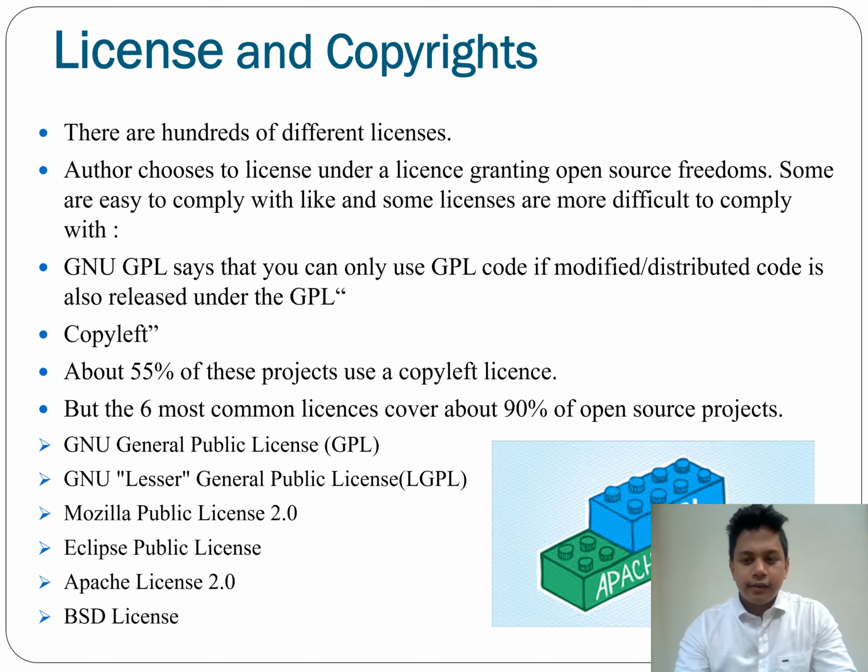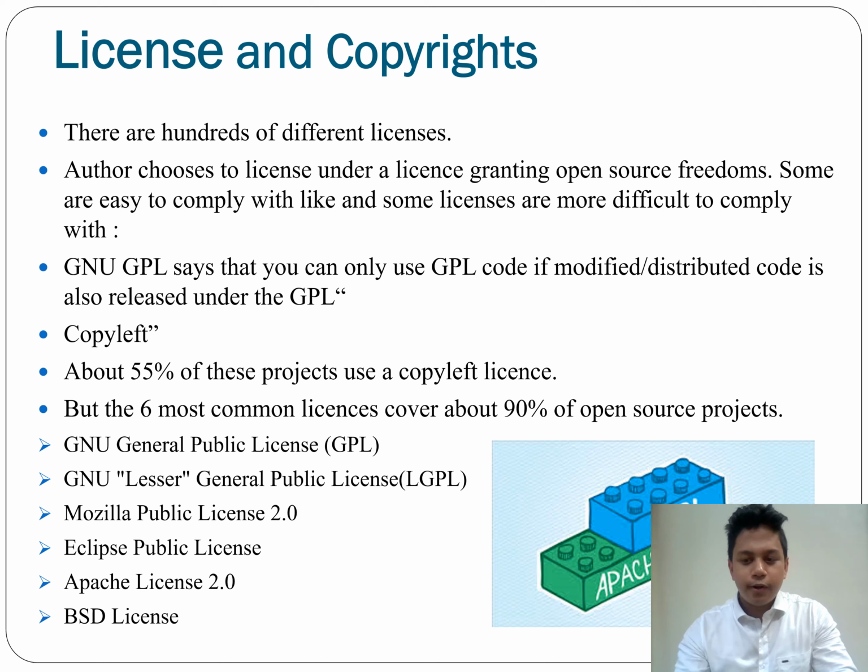So now comes the license and copyrights. Some are easy to compile and you don't need to do anything, you can just install the software and use it in your own way, and some need their license to be installed and used. The GNU license, GNU stands for GNU's Not Unix. The GNU license says that you can only use GPL code if the modified or distributed code is also released under the GPL.